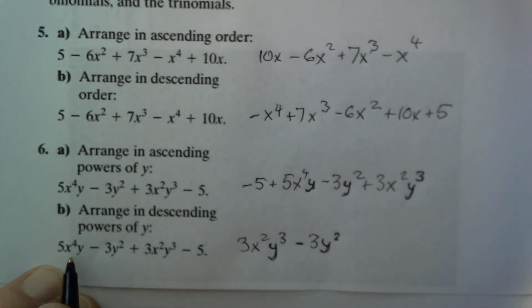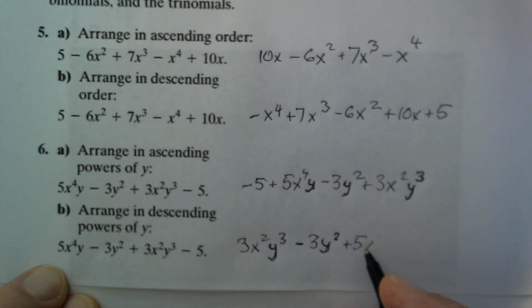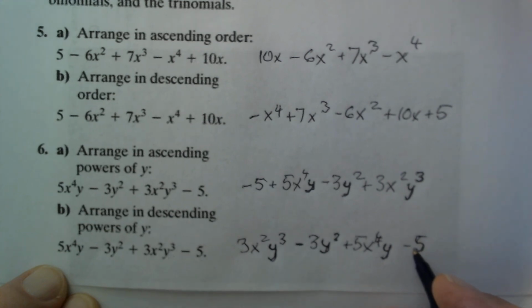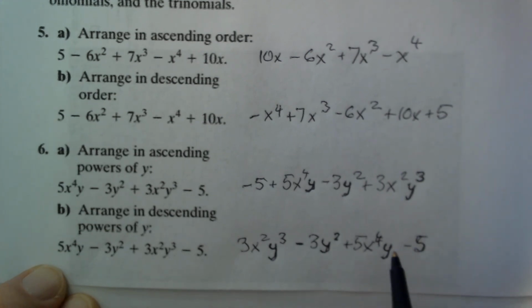And then we have y to the first power, or y, so plus 5x to the fourth y. And then we have the constant term, minus 5. So in one case, you have the polynomial arranged in ascending powers of y, and here you have the polynomial in descending powers of y.